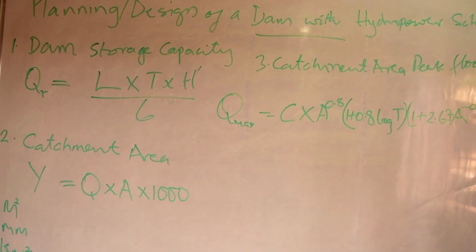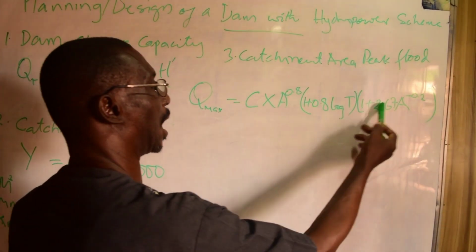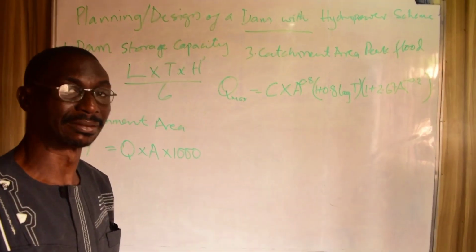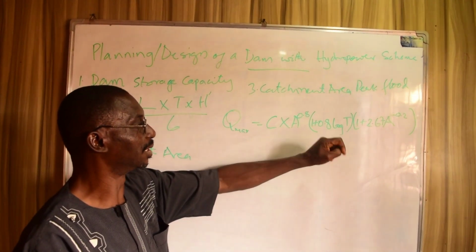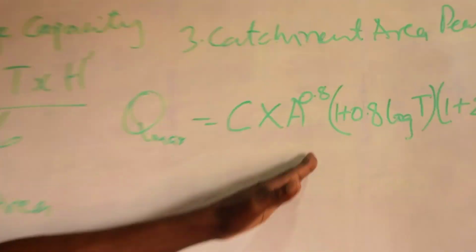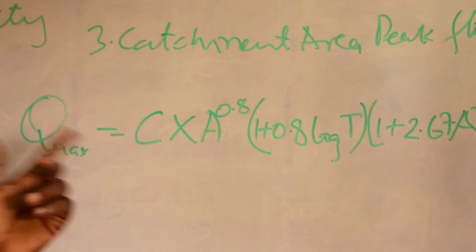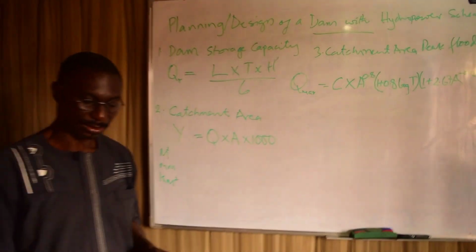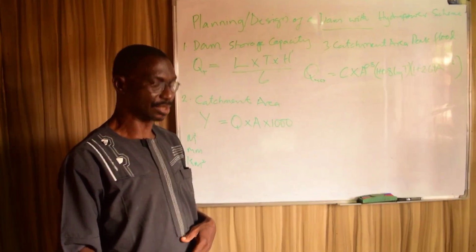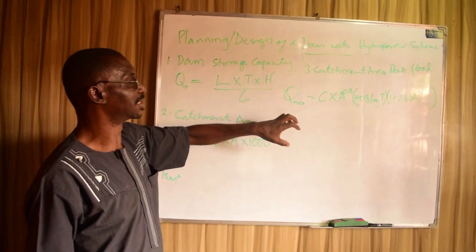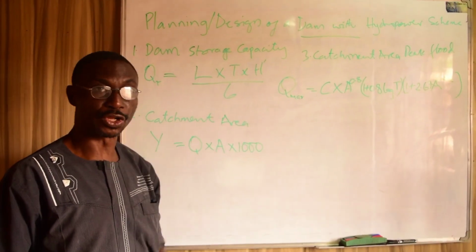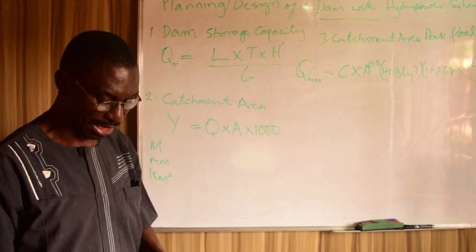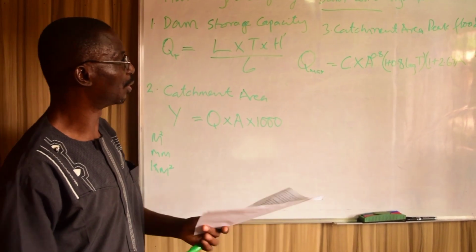So you see that all these are very important. So this recurrence interval T, A, that's the area, and runoff coefficient C, should be noted so that you know the effect the peak flow has on your project, whether it will be viable or not.